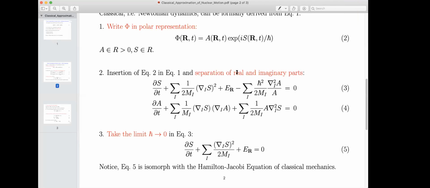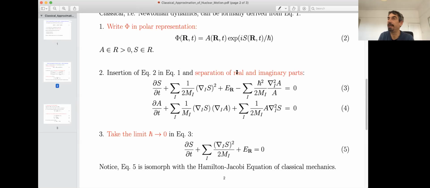Hi. Yeah. I think it's because I'm maybe not part of the area, so I'm still a bit confused as to what it means in practice to approximate the motion classically. What are we ignoring here? Okay, that's a good question.